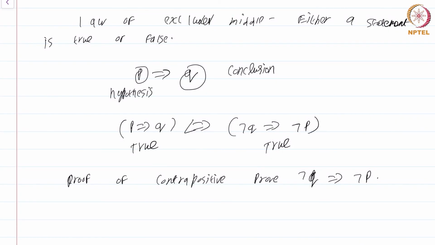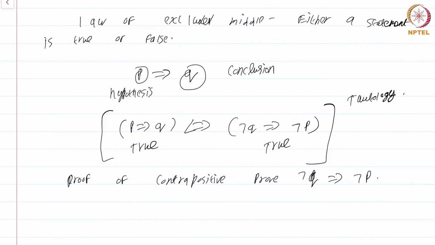So the proof by contrapositive just uses the fact that this entire statement is a tautology. Okay. If you can show that P implies Q if and only if negation Q implies negation P, and you show negation Q implies negation P, then by modus ponens you get P implies Q. That's a derivation proof of this.